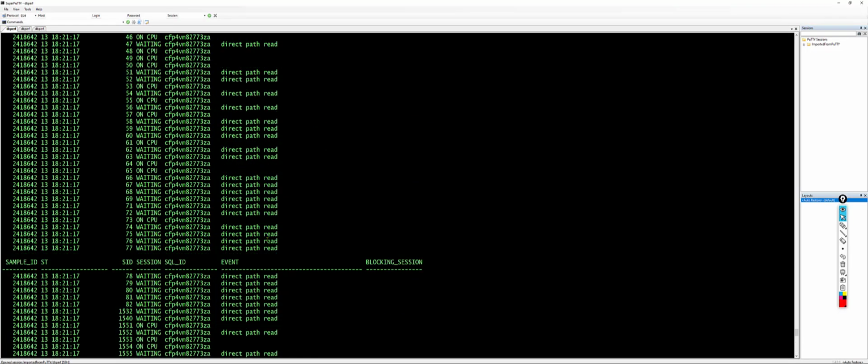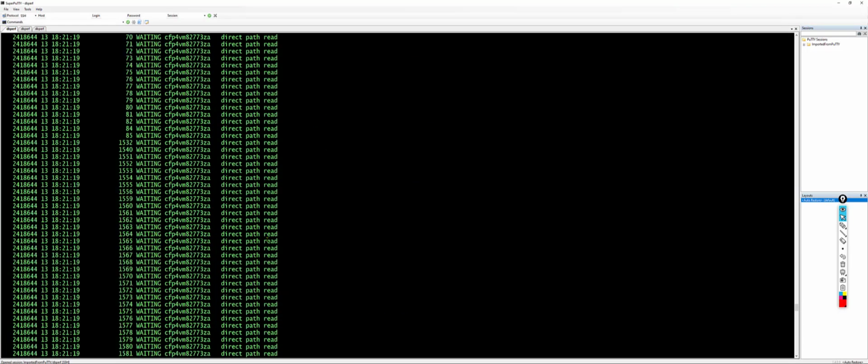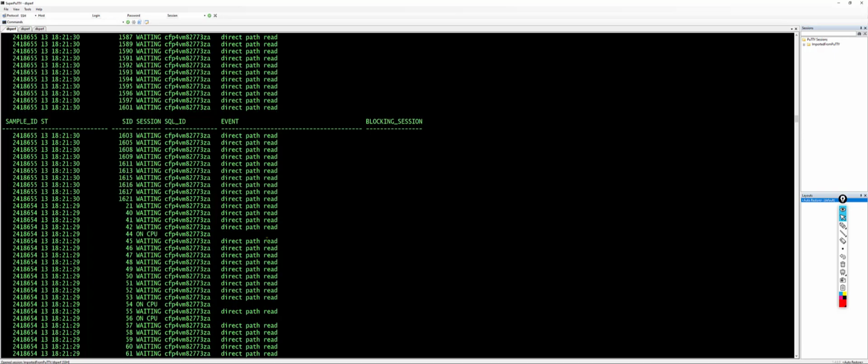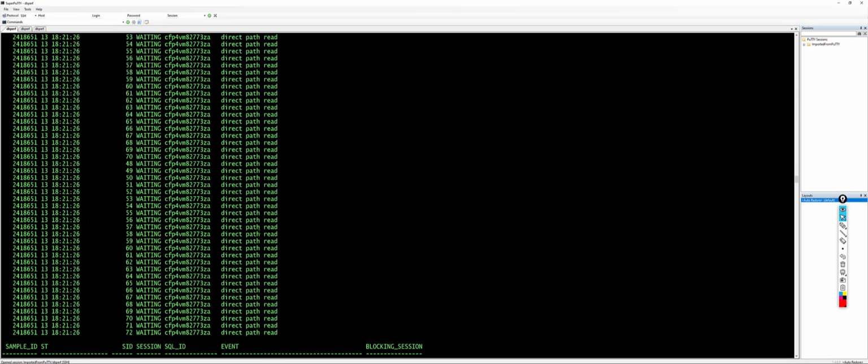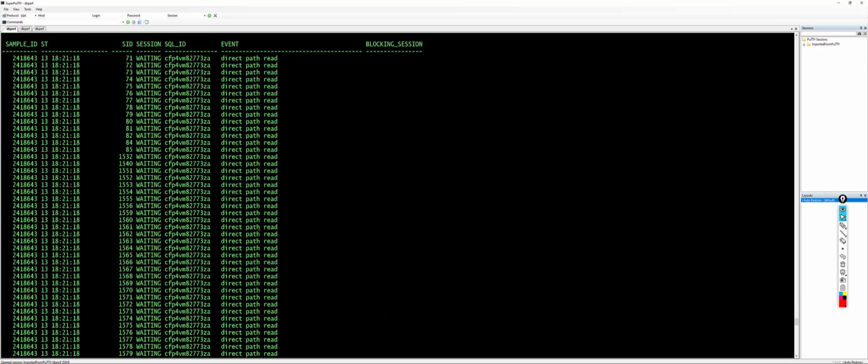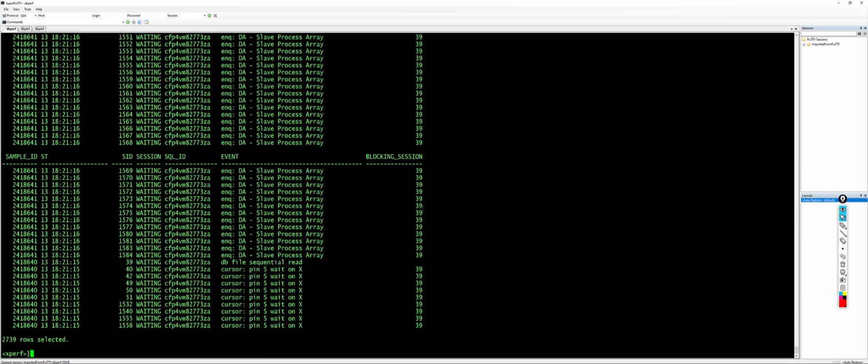This gives us more detail about the SQL that has been executed earlier. If you see the last 5 minutes, a lot of samples are collected for every second, so each and every second you can get the details. You can also see if there are any blocking sessions here. Even this SQL has gone through some blocking sessions, so you need to understand what is causing the SQL to be blocked.